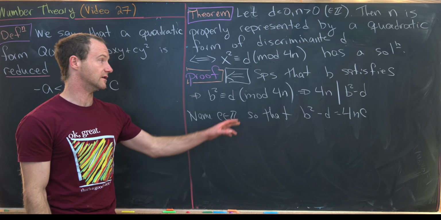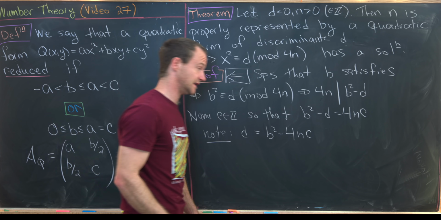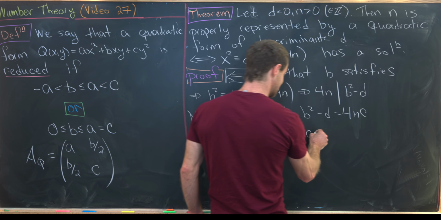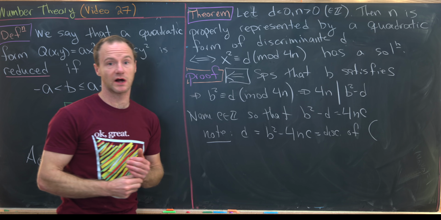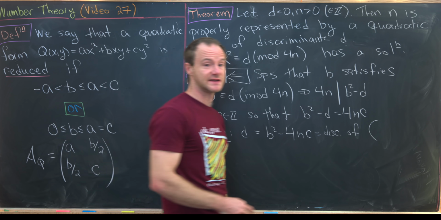Okay. So now let's move some things around here. We'll solve for D. So let's note that D is equal to B squared minus 4NC. Well, that's exactly the discriminant of the following quadratic form, which is pretty easy to write down.